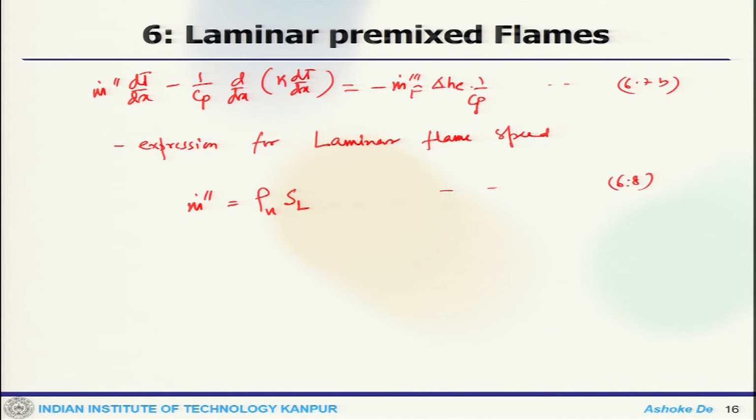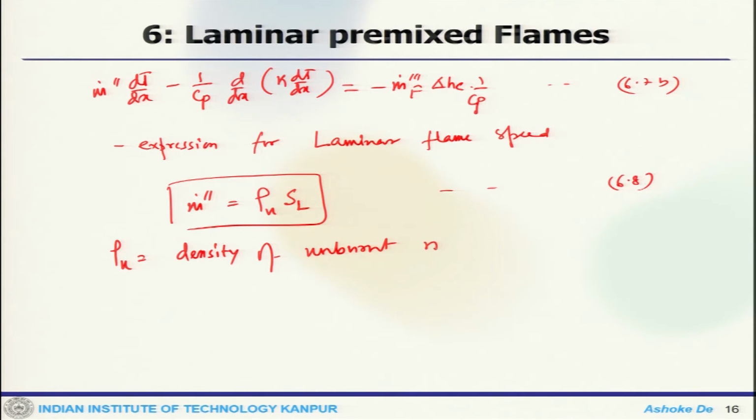This is a very interesting expression, where rho u stands for density of unburned mixture, and SL is your laminar flame speed.